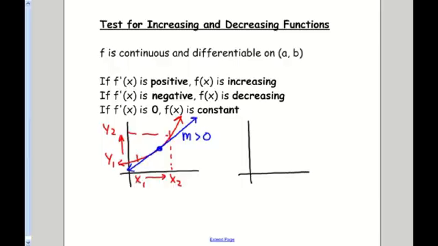The other way is to have a function that's decreasing. Right? So in this case, the same way, I've got x1 and x2, they correspond now to y1 up here and y2 down here. As we look at x moving from left to right, what's happening to the y values is that they're going down.